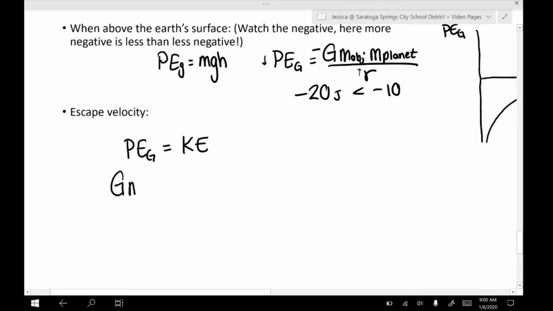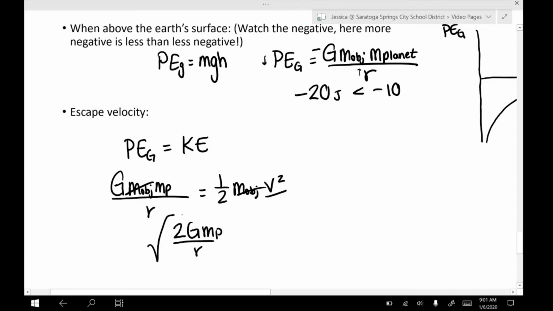So we have G, mass of object, mass of planet, over R. It's the object that's actually doing the moving, so that cancels, and we can solve for V. The 2 moves over, and planet over R, and then we take the square root. That gives us our escape velocity. Don't confuse this with orbital velocity. It is rare that you need to use this equation, whereas orbital velocity is way more useful.